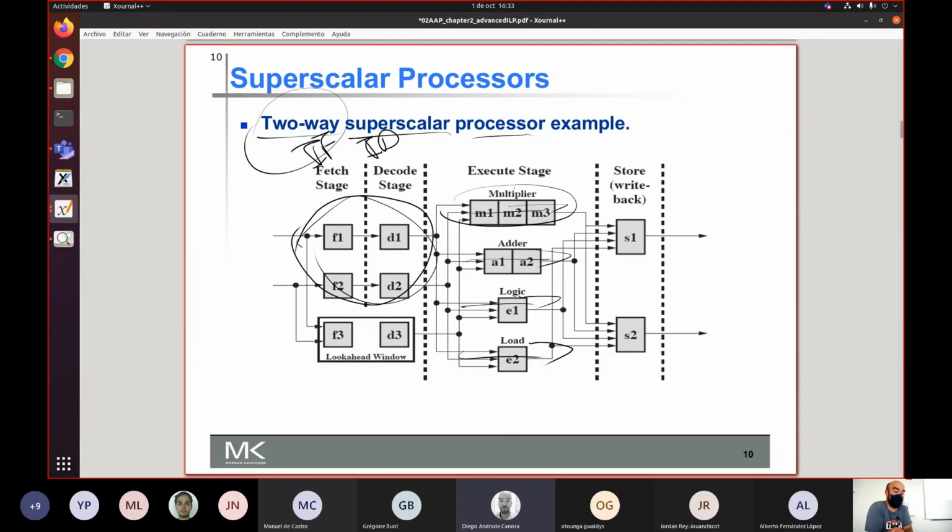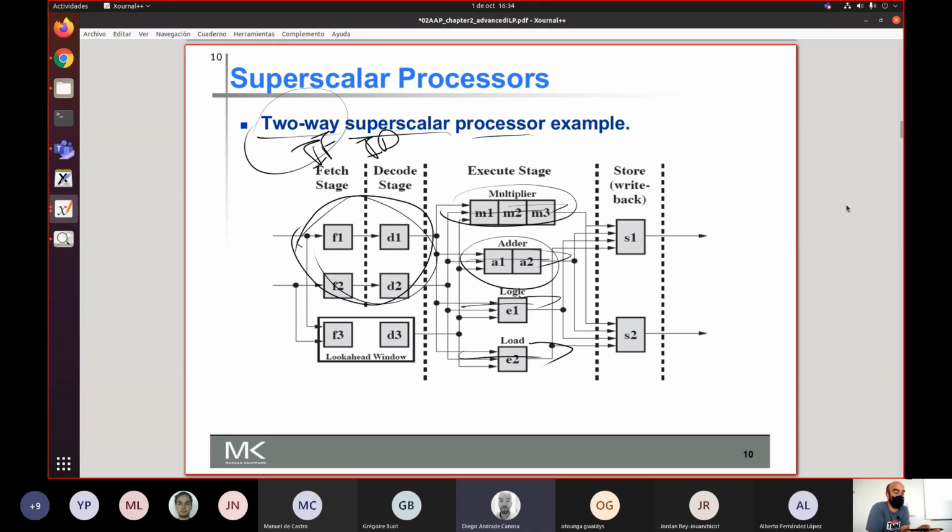So it's up to the processor to decide which instructions can be executed concurrently depending on the hardware that is available, okay? So obviously this is a very simple example, okay? The hardware is quite simple, just as an example to you, but this will be a restriction.